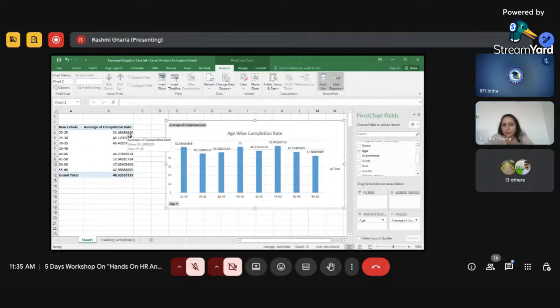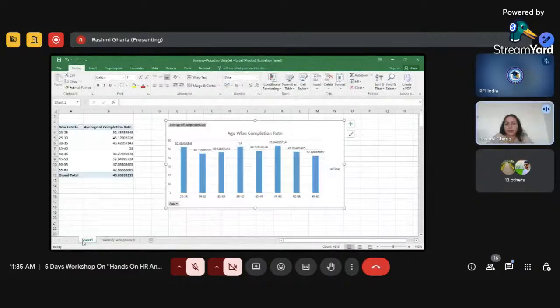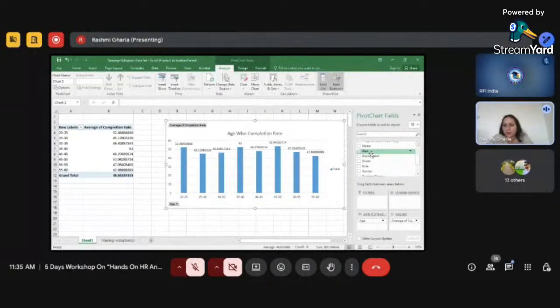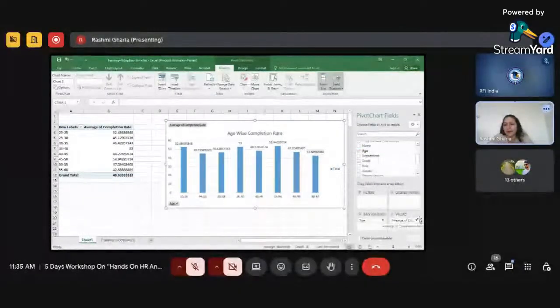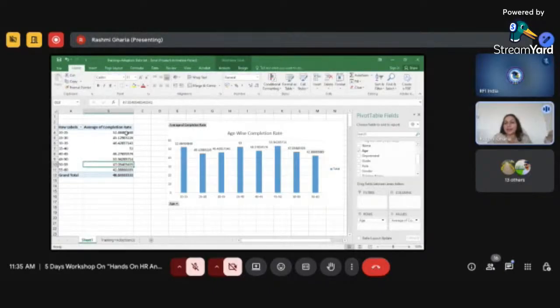It is being calculated automatically by Excel. I have used the pivot table function. I put age in this column and I put average of completion rate over here. Automatically Excel calculated the average completion rate age range wise. Hope it is clear.